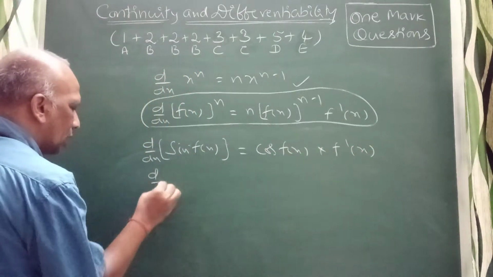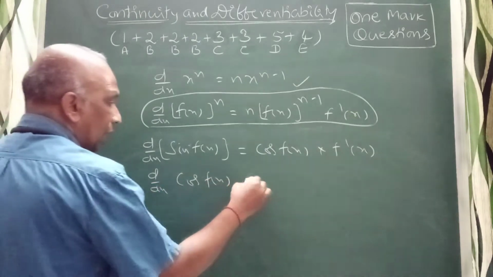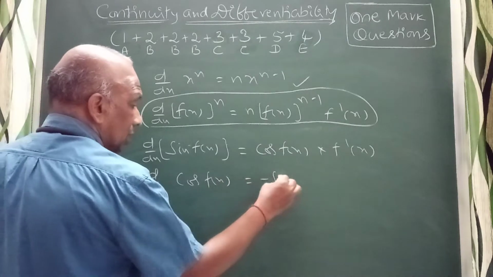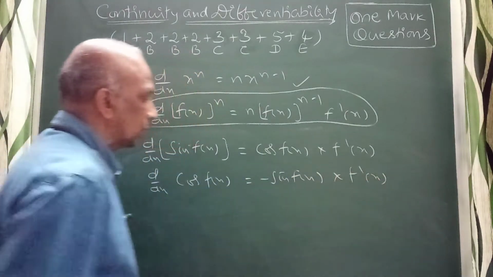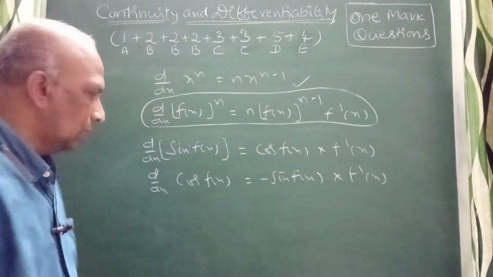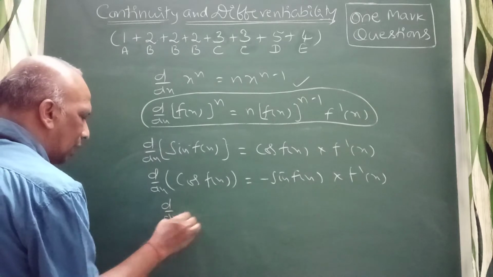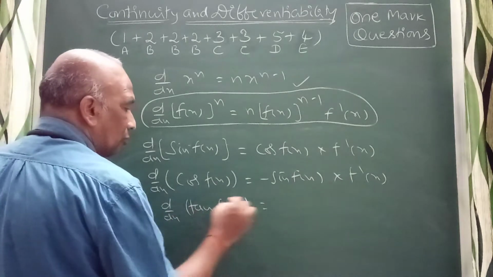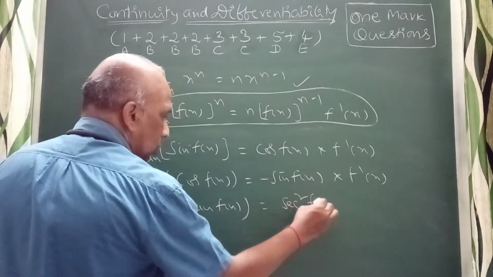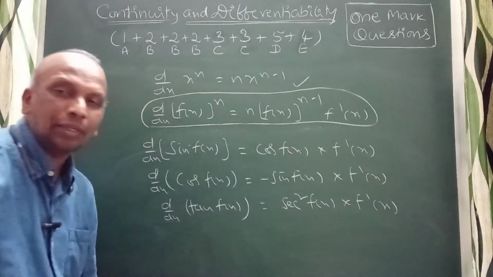Similarly, d by dx of cos f of x, I can write as minus sin f of x into f dash of x, because this is the function, right? So to understand, I am telling about the derivative of this one. And d by dx of tan f of x gives secant square f of x into f dash of x, the derivative of that part.